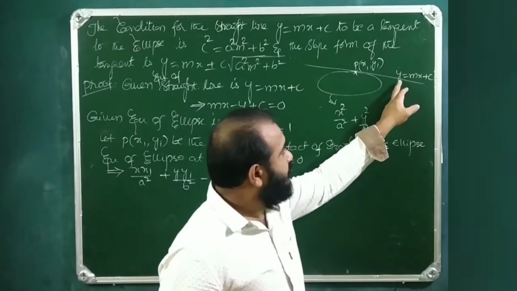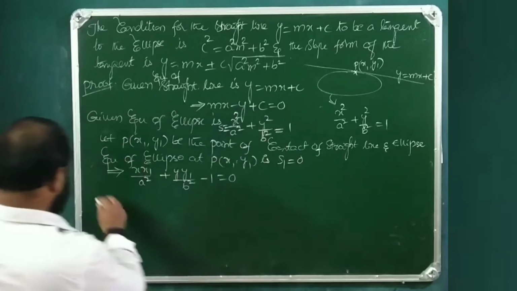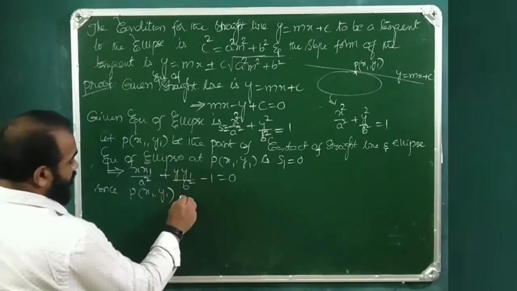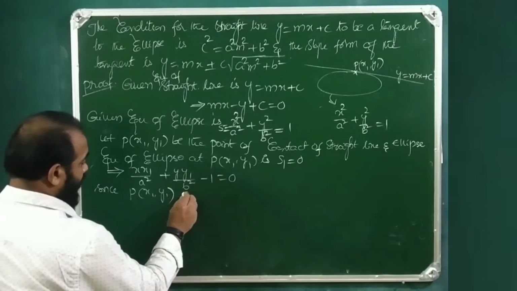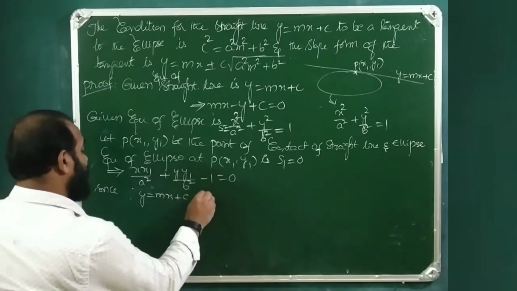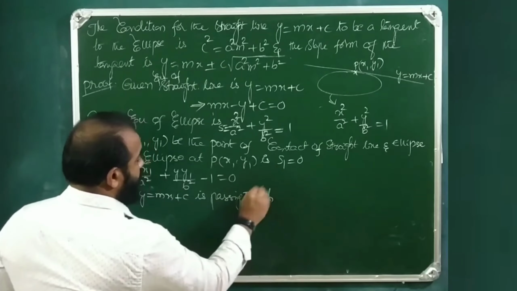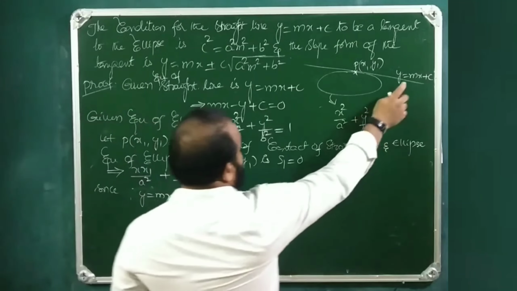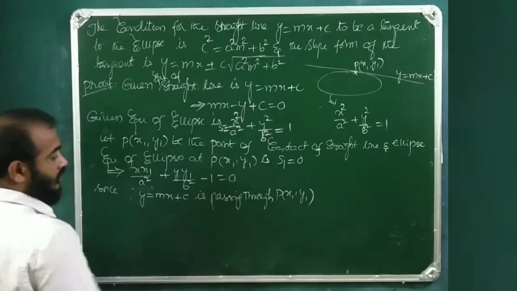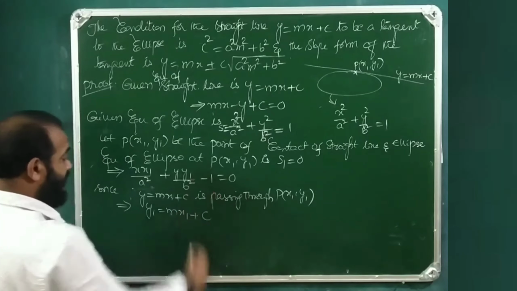Since the straight line y is equal to mx plus c is passing through P(x1, y1), it implies y1 equals to mx1 plus c.